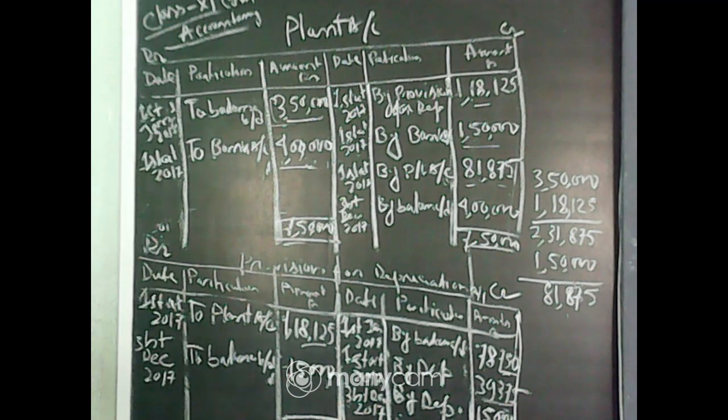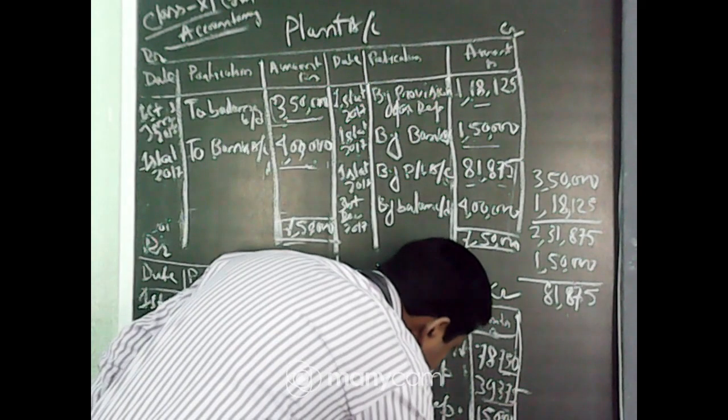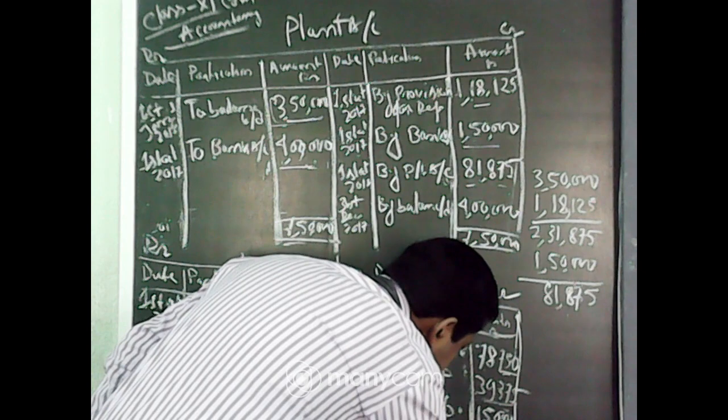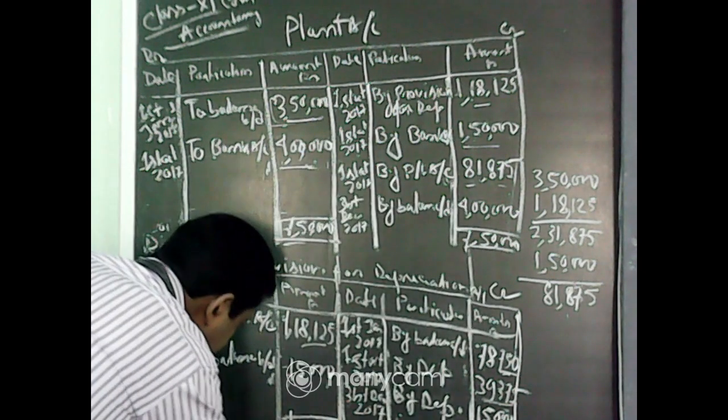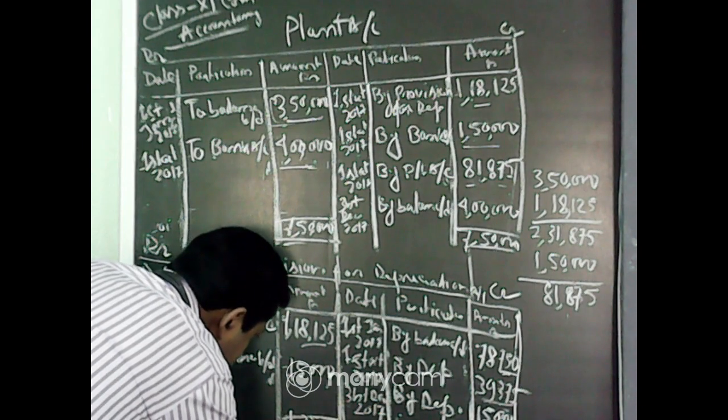And what will be the total? The credit side will be more in case of the provision for depreciation account, because it is a liability. The total is 1,33,125.